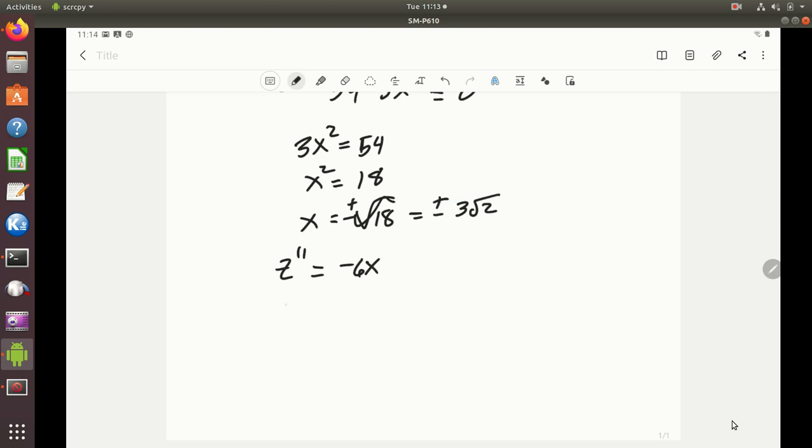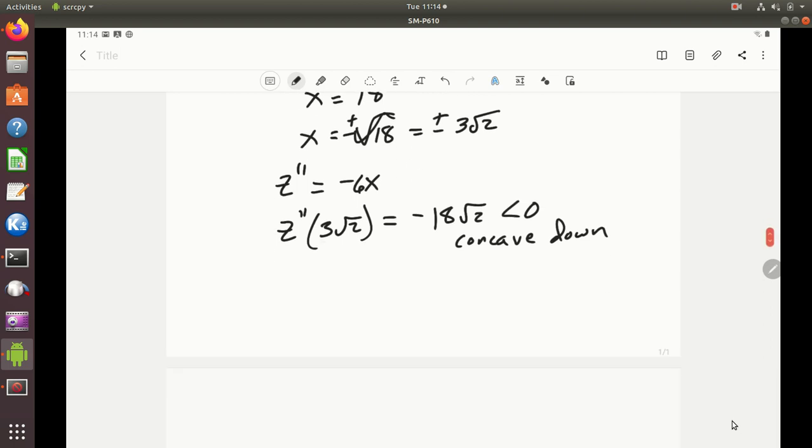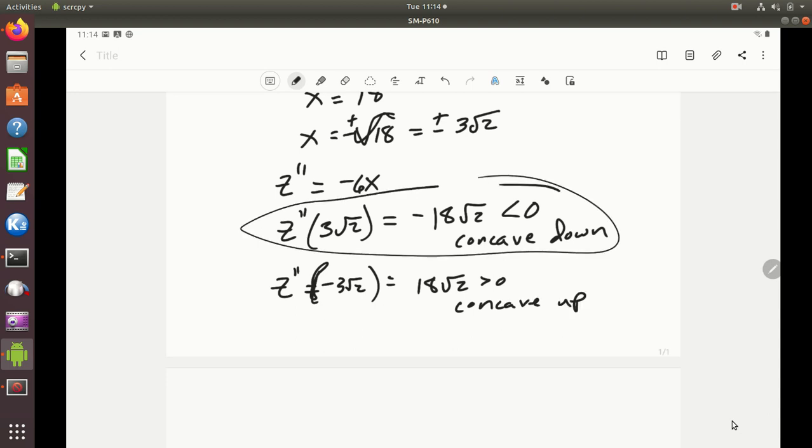Because z double prime of 3 times the square root of 2 is equal to negative 18 times the square root of 2, which is less than 0, which says concave down. And then z double prime of minus 3 square root of 2 is 18 square root of 2, which is greater than 0. That's concave up. And so this is what we would like.